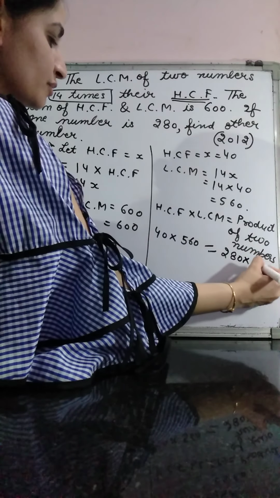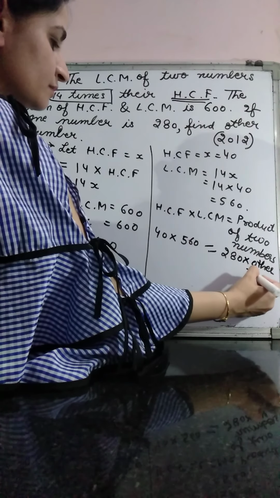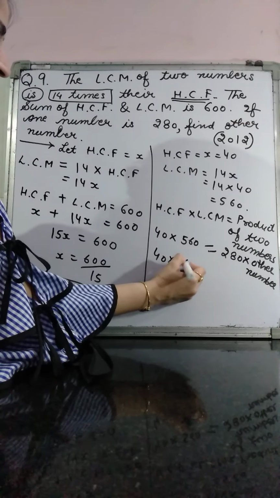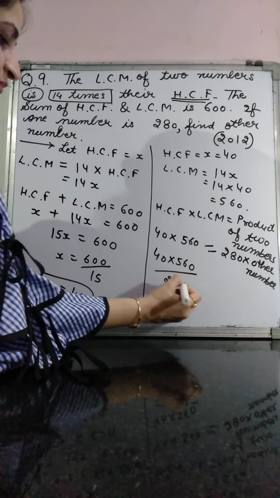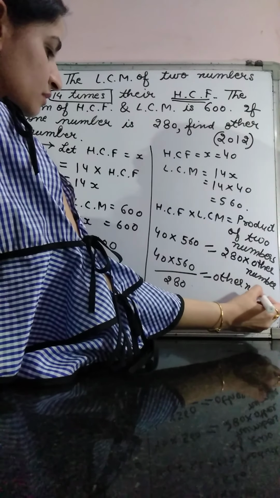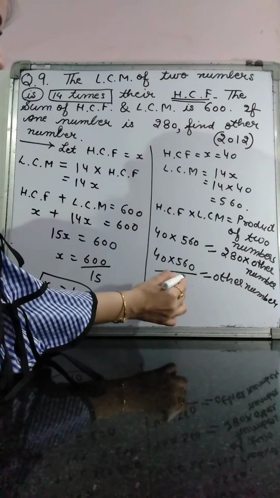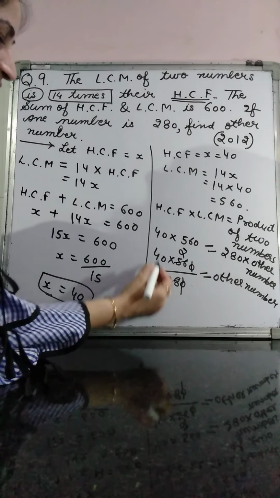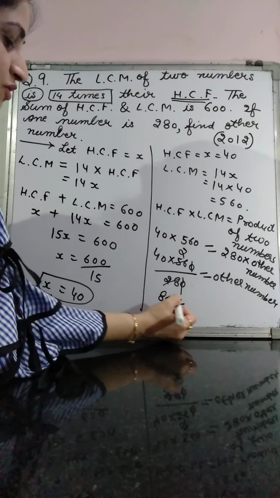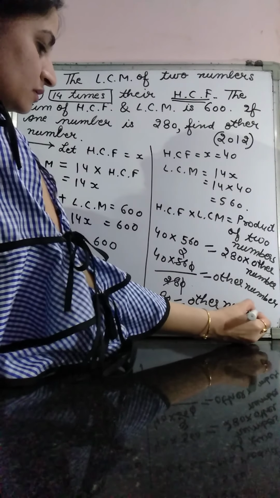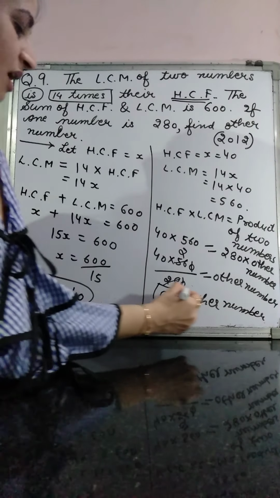Let other number. 40 into 560 by 280 is equal to other number. Cancel zeros, 28, 2, 40 into 2, 80. So the other number is 80. This is your answer.